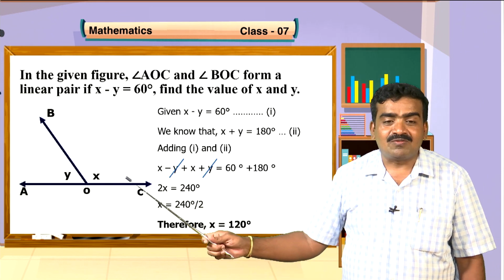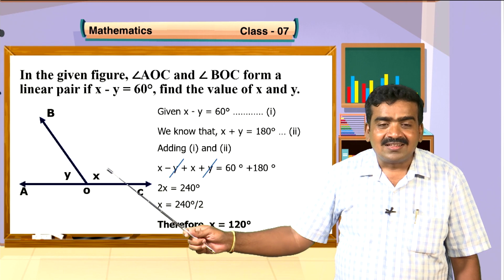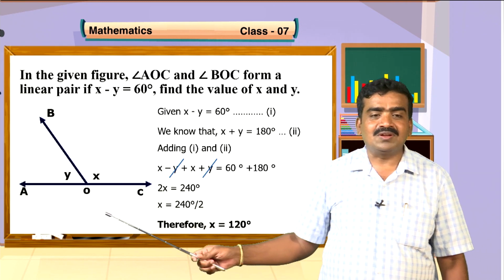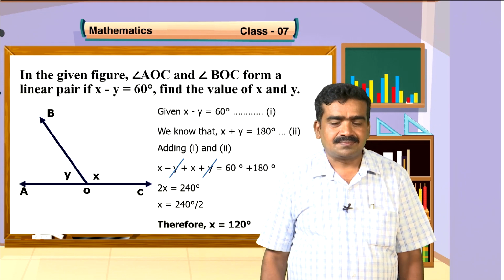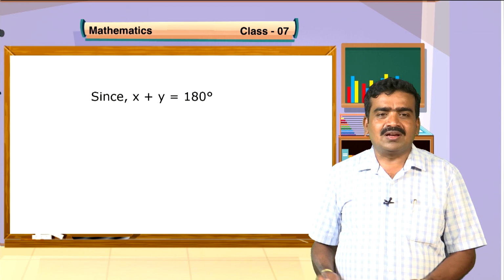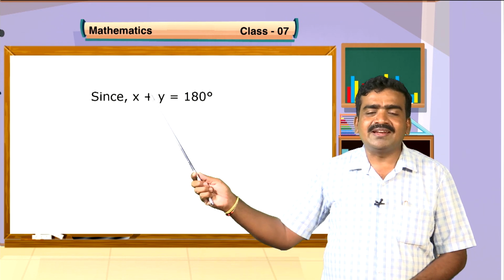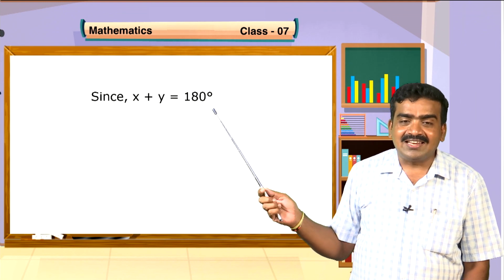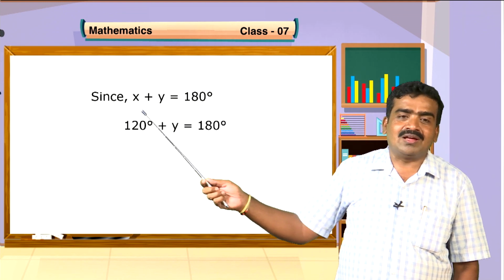It is an example of an obtuse angle. The value of x over here is 120 degrees. Then how to calculate angle y? It is easy to calculate angle y. We know that x plus y is 180 degrees. That is nothing but the sum of two angles is 180 degrees, since they are a linear pair. Then we know the value of x.